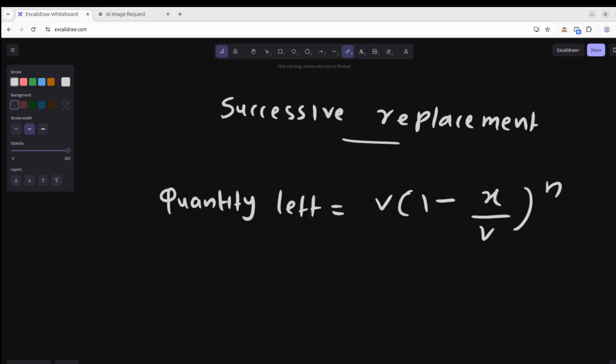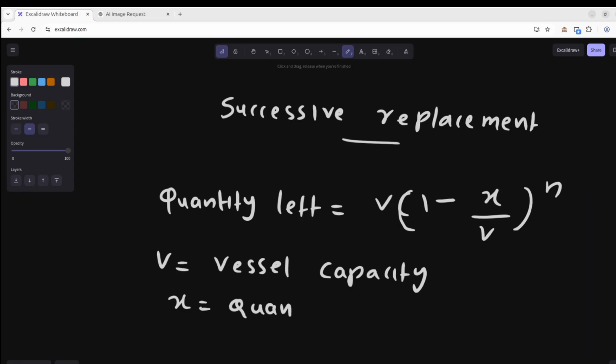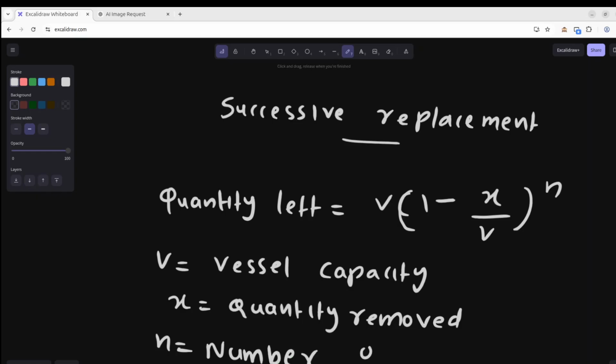Let us look at the terms. Here V equal to vessel capacity. X equal to quantity removed. N equal to number of operations.